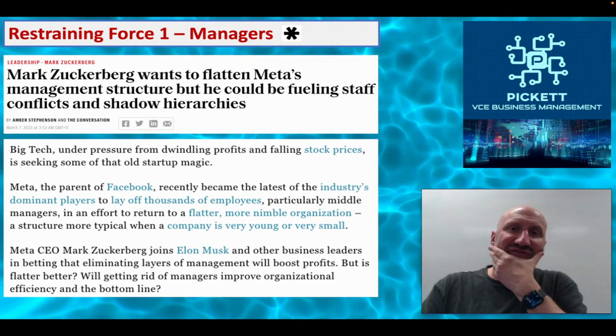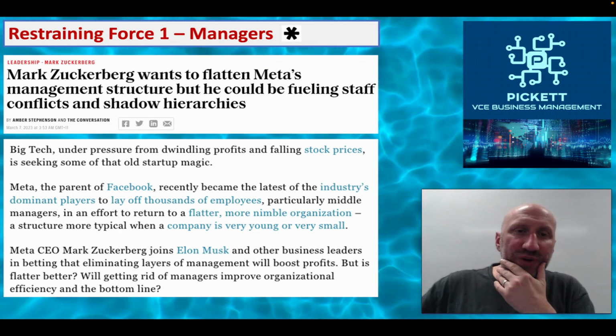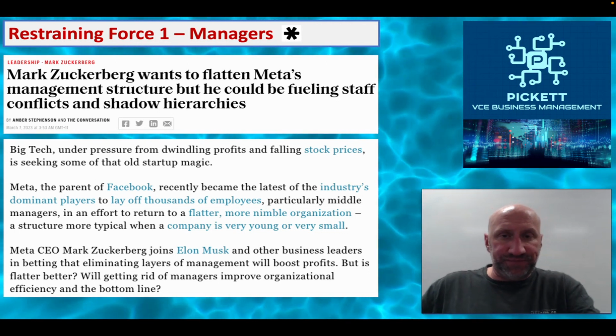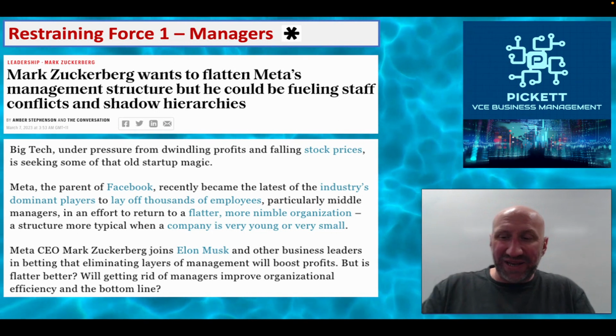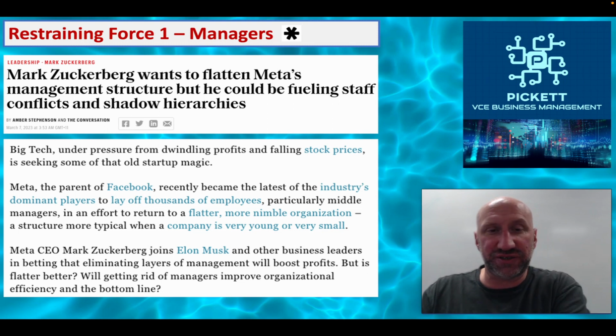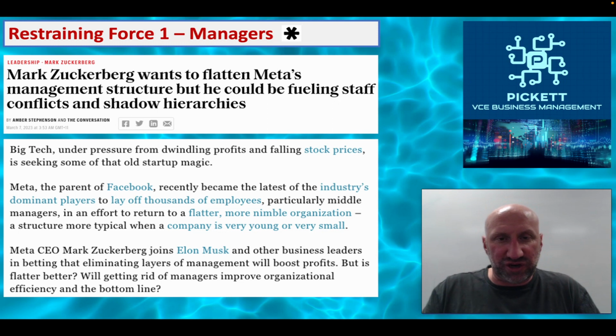Example here, Zuckerberg wants to flatten Meta's management structure, but he could be fueling staff conflicts and shadow hierarchies. His plan is to lay off thousands of employees, but particularly middle managers, in an effort to return to a flatter organisation structure.